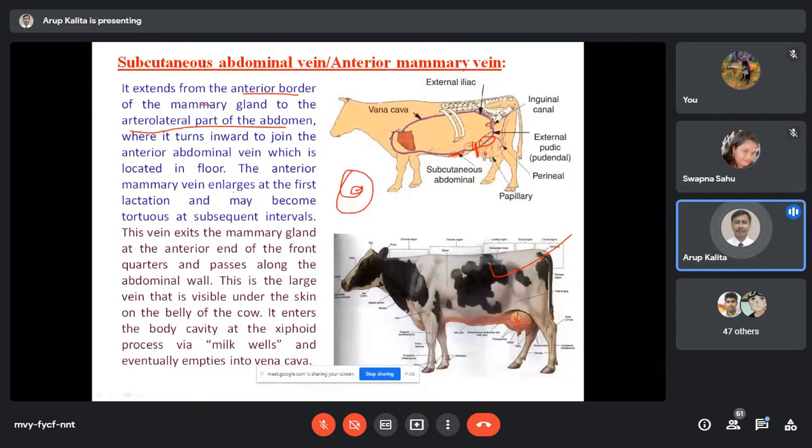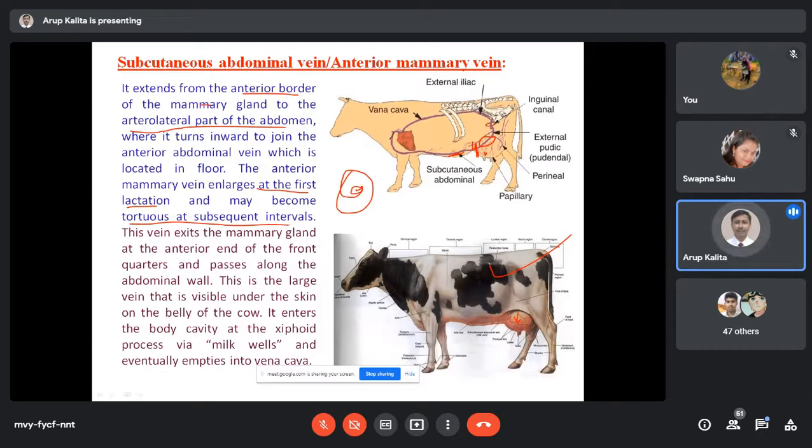The anterior mammary vein enlarges at the first lactation. At the first lactation it is enlarged and becomes tortuous at subsequent intervals. Tortuous means when the animal goes for a second or third lactation, the tortuous character of this vein is more.